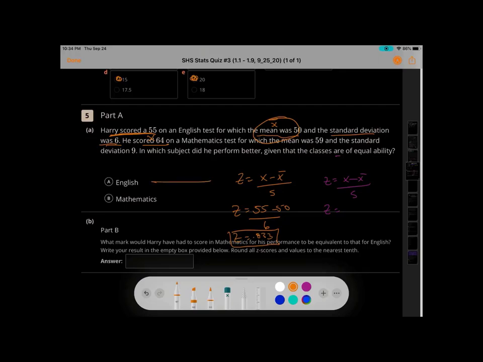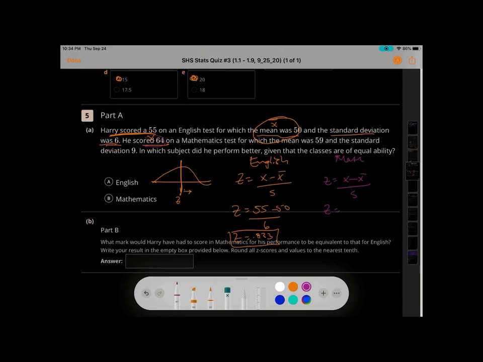Remember, what does that mean? If you have the center, mean, and median are here, a positive z-score is actually going in this direction. So he's actually above the average. That was English.